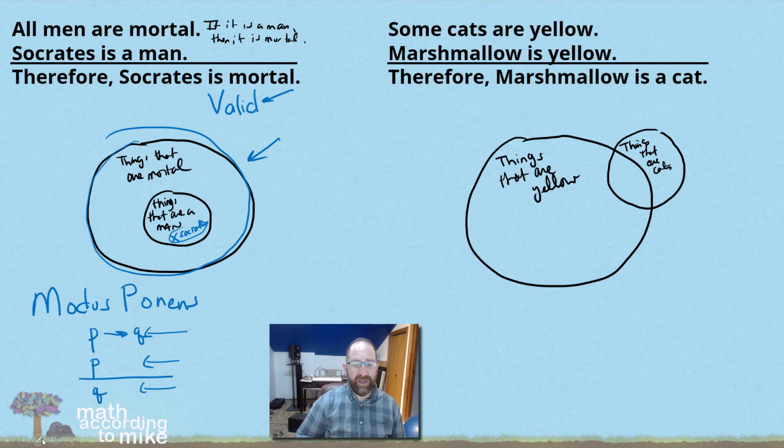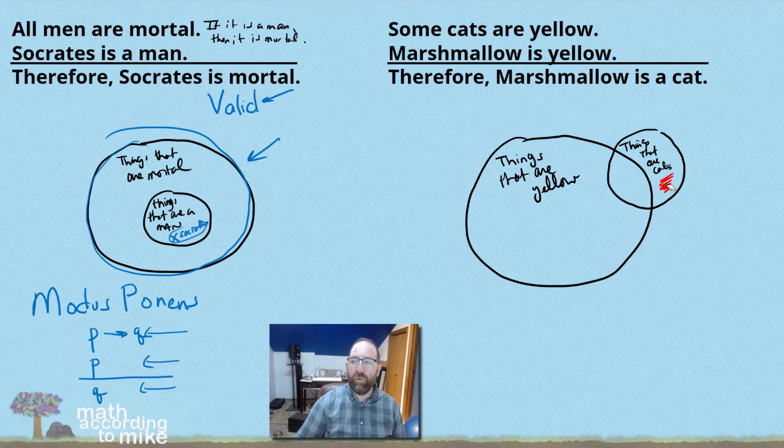The reason we do that is because this region here are cats that are yellow. This region here are cats that are not yellow. Because they have to be cats because they're inside the cat circle, but they may or may not be yellow. That's how some works.